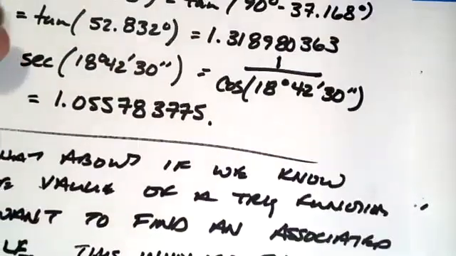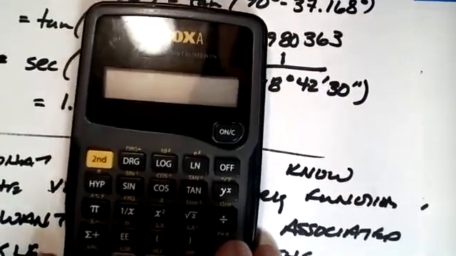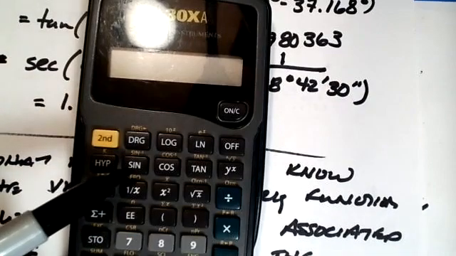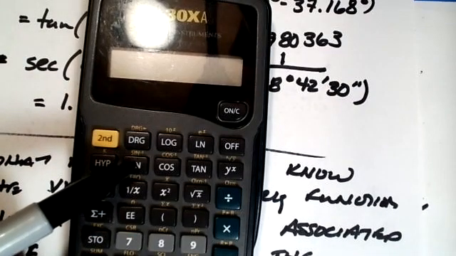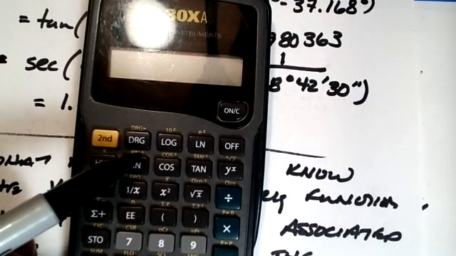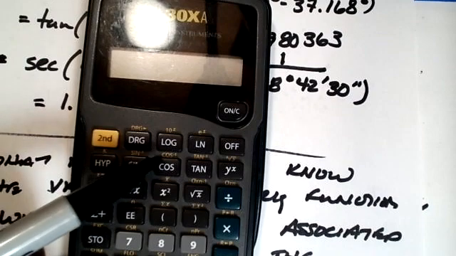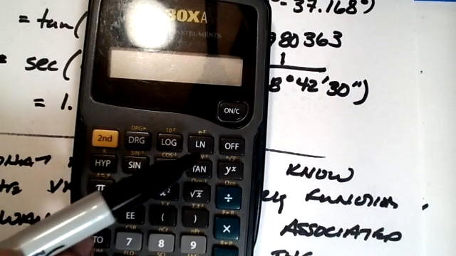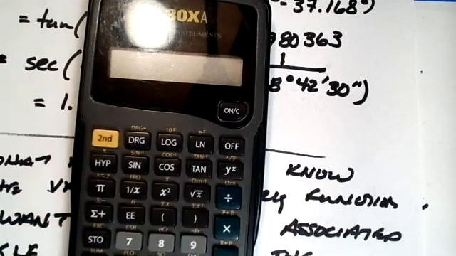Now, it might be a little bit hard to see, but on my calculator, if you look right above the sine button, there's something that says SIN, and it looks like it's got a superscript of -1. Same here with cosine, superscript -1, tangent, superscript -1. Those are the inverse functions.